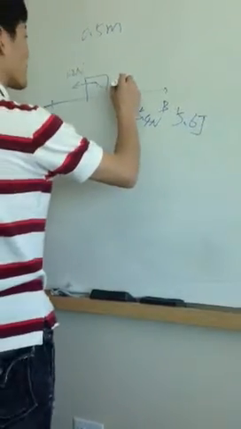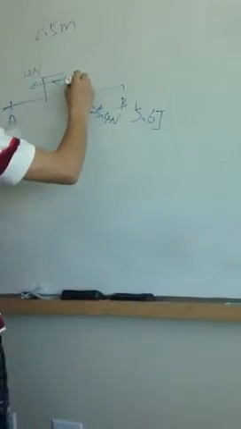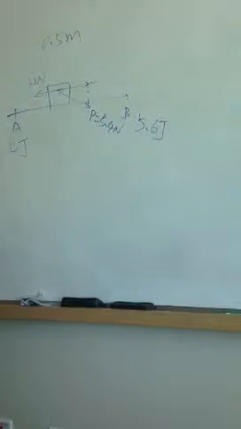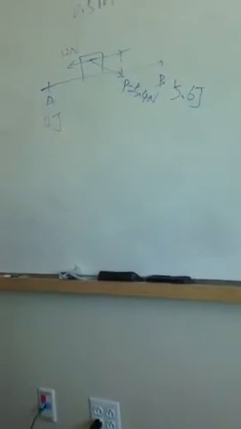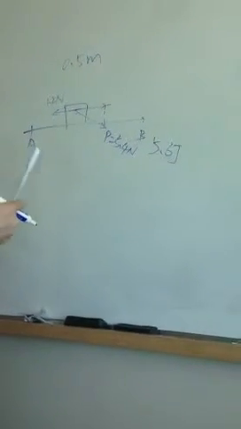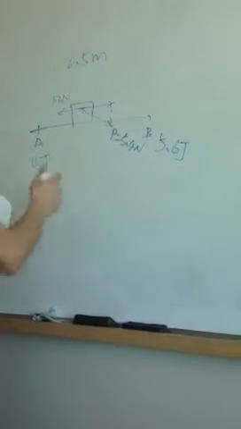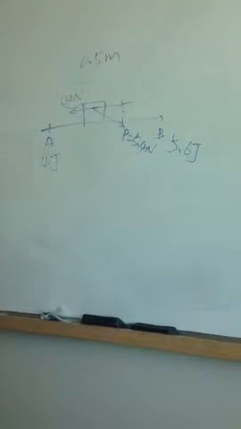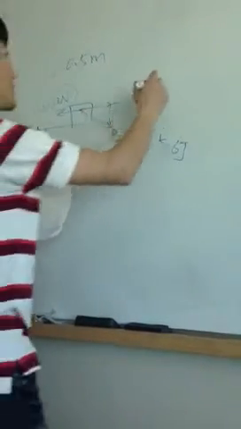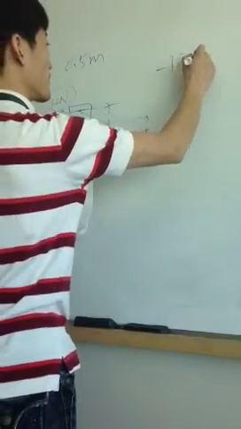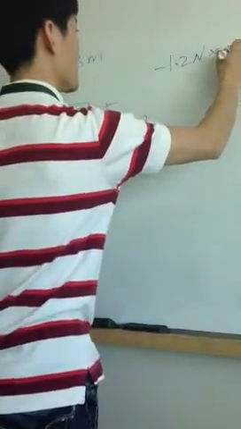Okay. So we know how much work the friction did, because it's negative, right? 1.2 times 0.5.